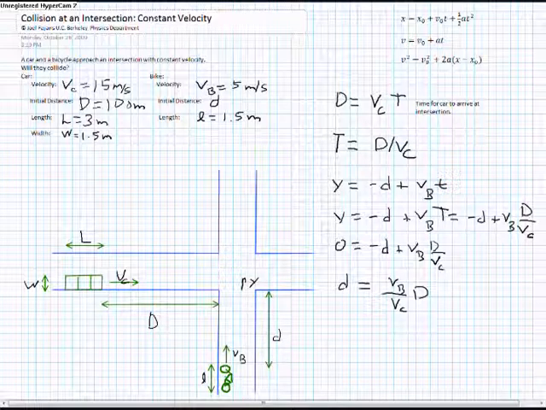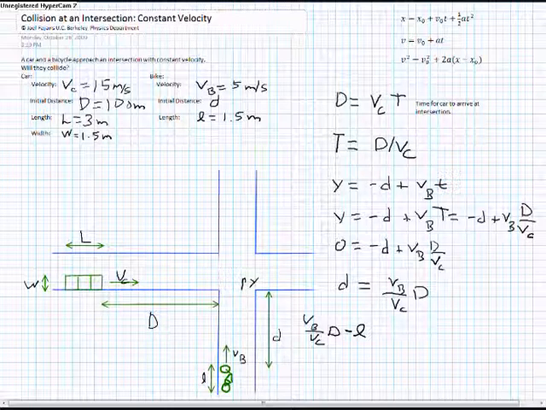Well, the bicycle has a length L. So if we say that the bicycle started out at a distance which was just the distance we previously calculated, VB divided by V car times the distance the car started away, and make it a little bit smaller by the length of the bicycle, then the rear wheel of the bicycle is just going to be at the curb when the car gets to the curb.